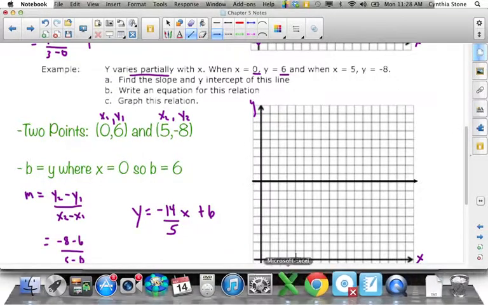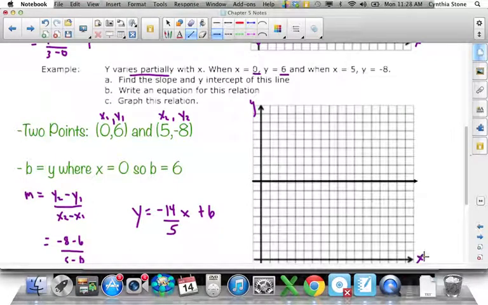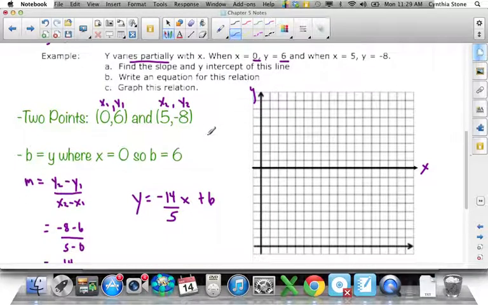So pretend that line's not there, and I'm going to make this my x-axis. Ignore that line right there. That was a bad grid I did.